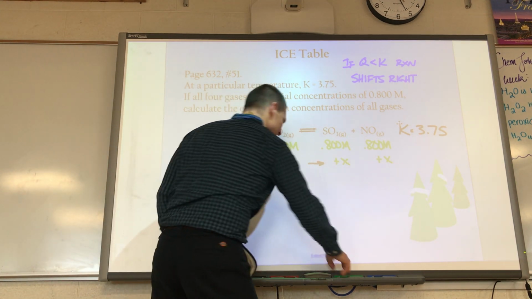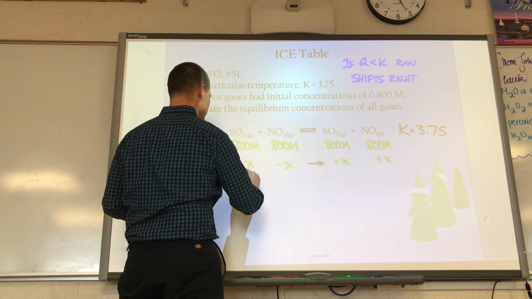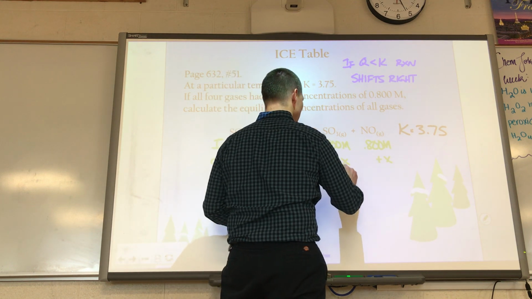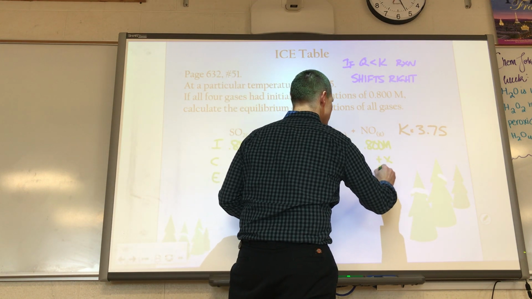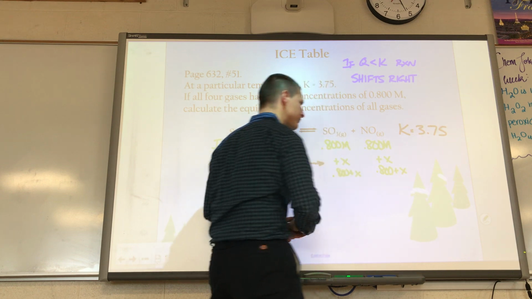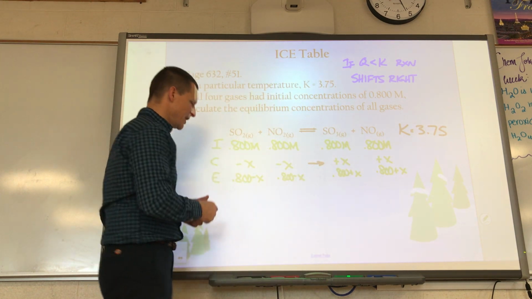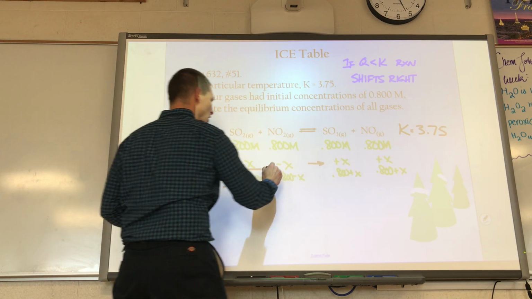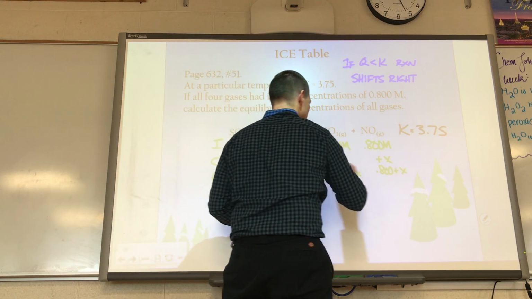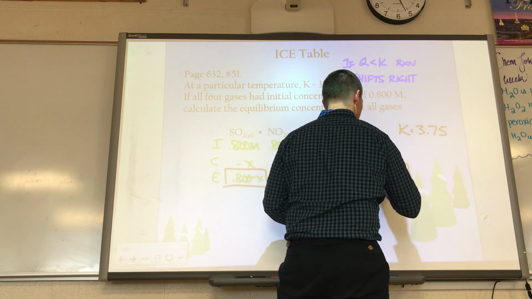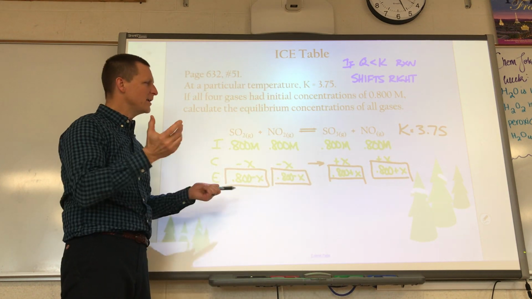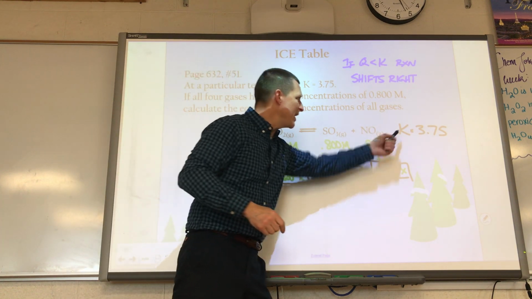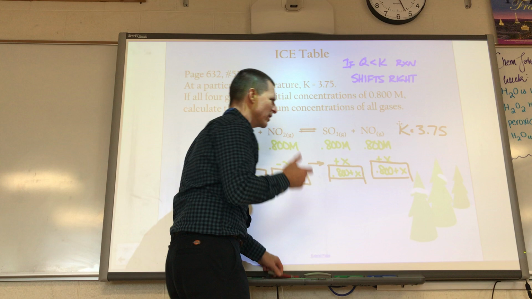Okay, so we have equilibrium concentrations now. It's 0.800 minus x, 0.800 minus x, and then we have 0.800 plus x, same for that one. The question is, I like to keep that in our focus, what are all these values at equilibrium? We need all four answers at equilibrium, so we need to use the K expression, and it's not terrible to use.